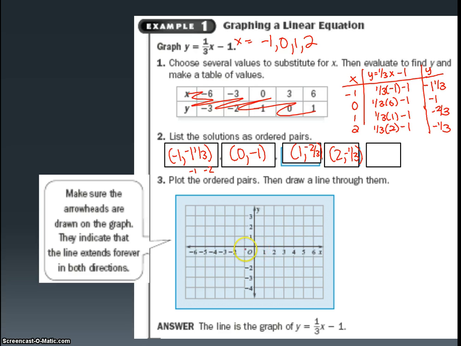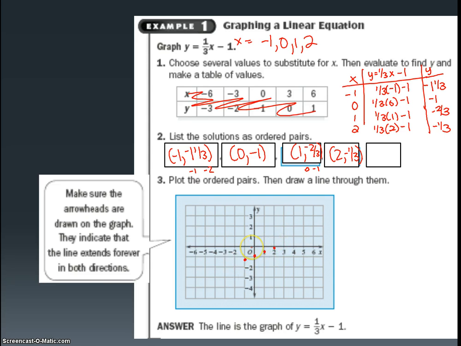So let's go to -1 first, then go down somewhere between -1 and -2. 0, -1, it's right there. 1 and -2/3, now this is between 0 and -1, probably a little closer to -1. You can kind of see we're making the line here too. 2, -1/3, closer to 0.